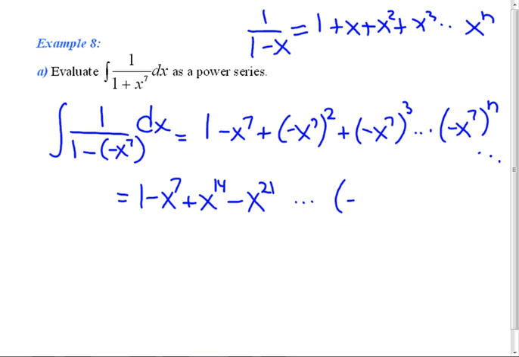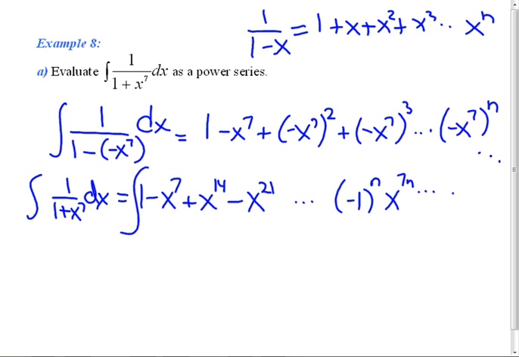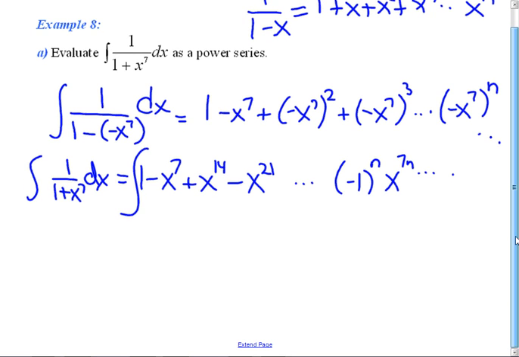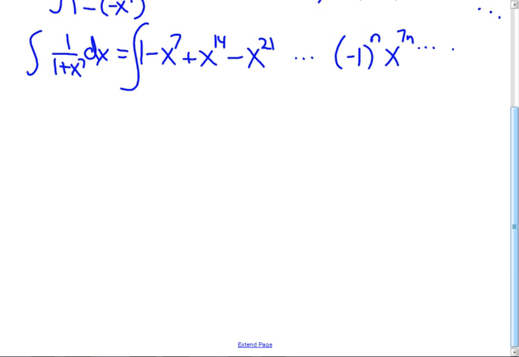Then this is minus 1 to the n. Just use your properties of exponents. And it's x to the 7n. And that's the answer to part A. Oh yeah, I forgot to integrate it. Thank you. Okay, let's integrate it. But you don't have to write it in sigma. I'm sure the book will have written it in sigma. I don't care.